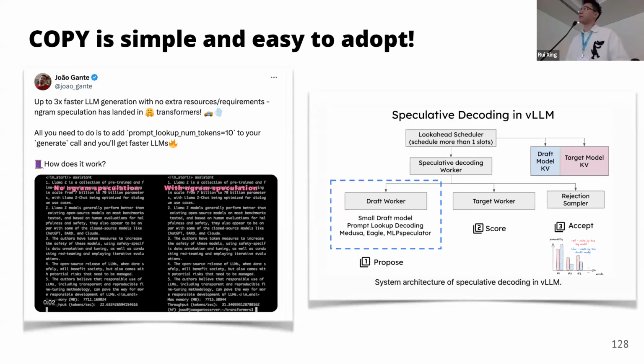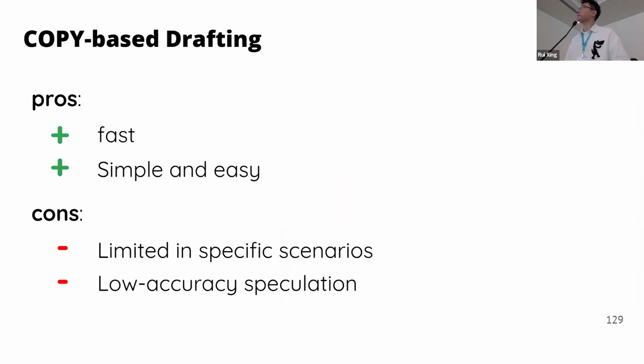Well, even though this method is quite simple, it is very easy to implement, and the method behind it is quite easy to understand. So it is a very famous method in speculative decoding. However, as we just mentioned, this method is limited to specific scenarios.